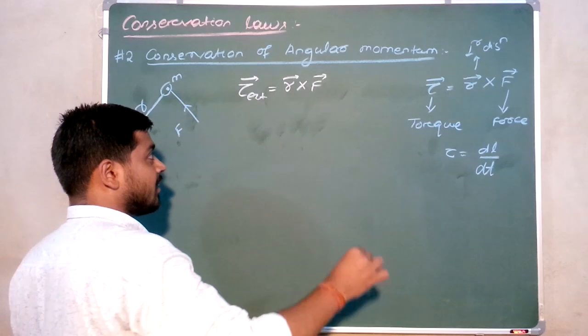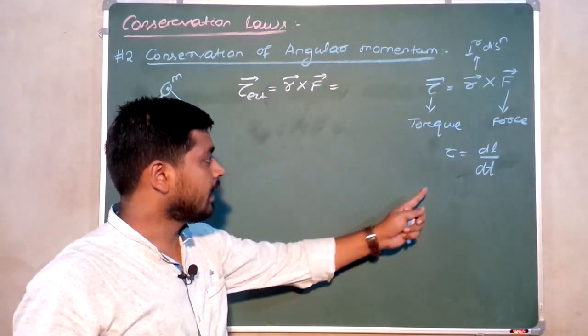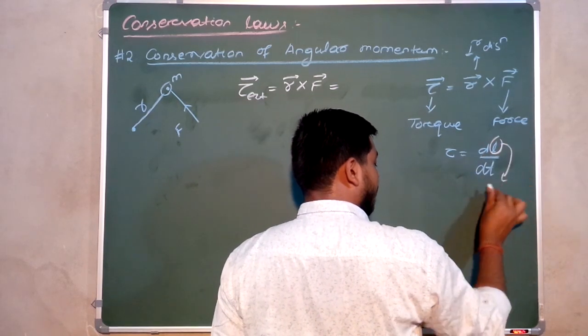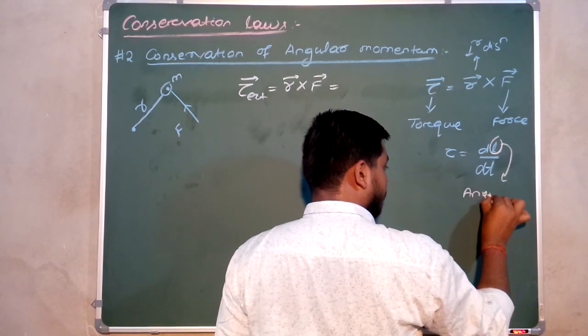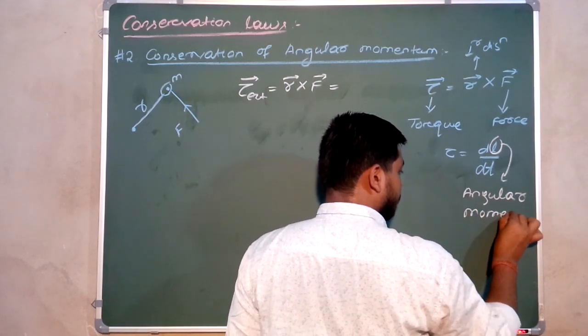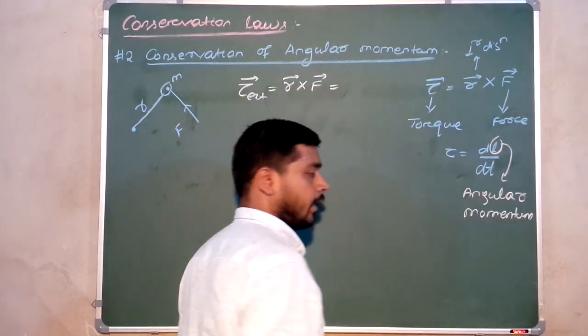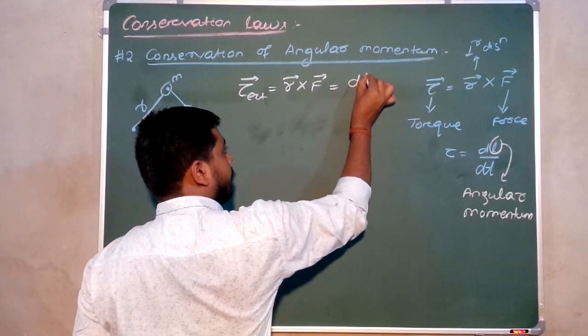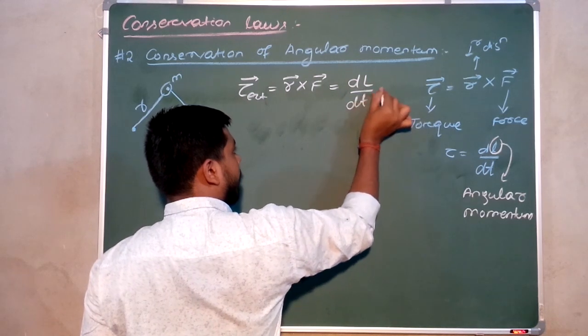Another formula: tau equal to dl by dt. What is L? L is the angular momentum.